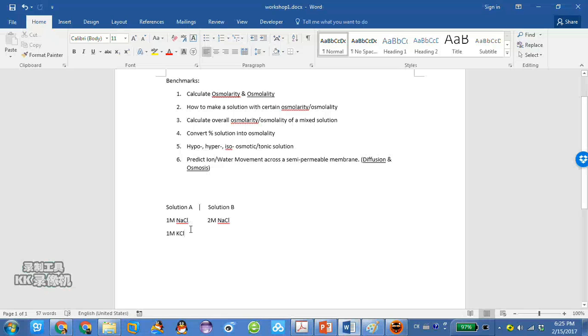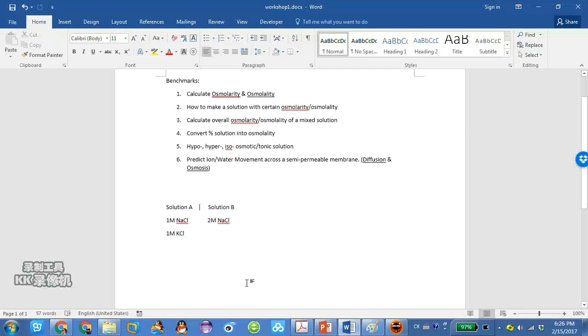In solution A, we have 1 molar, which means 1 mole per liter of sodium ion. In solution B, we have 2 molar of sodium ion, which means sodium ion has a high concentration in solution B compared to solution A. So the direction of diffusion of sodium ion is from B to A.